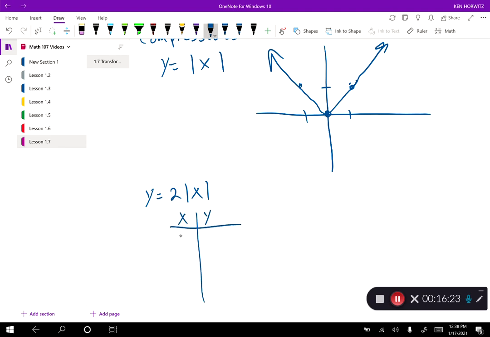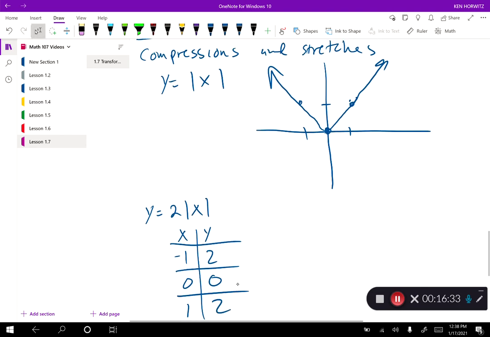To just take a look, I can say -1 is going to be 2, 0 still 0, 1 is now 2. And let's overlay our very quick table on our graph. So -1 instead of 1, it's now 2, 0, 0, and 1, 2.